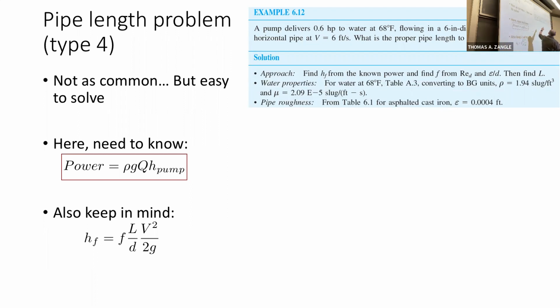We know the velocity, the fluid, and the diameter, so we can compute Reynolds number based on diameter. We know the type of pipe, asphalted cast iron, so we can look up the roughness and find epsilon over D, meaning we can find f, right? No iteration required. We can just go to the Moody chart and find f. And then from that, we're going to solve for our length L. Okay.